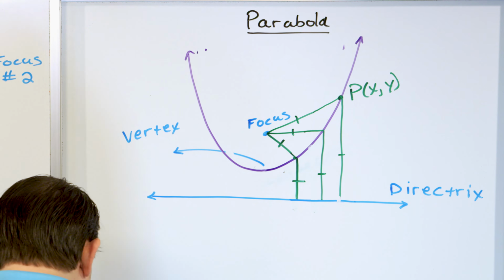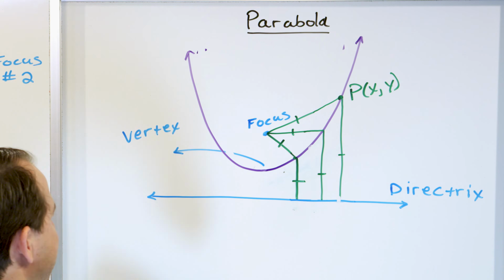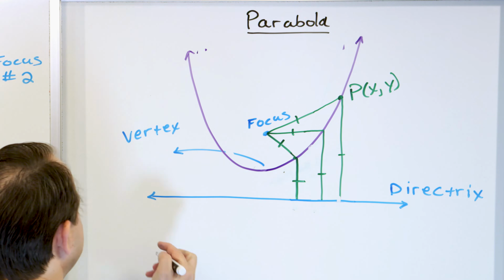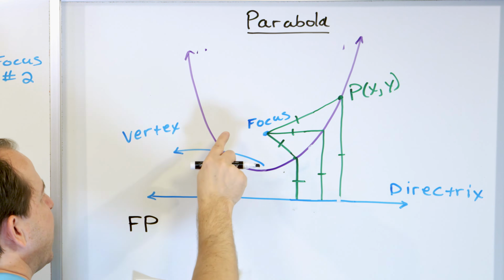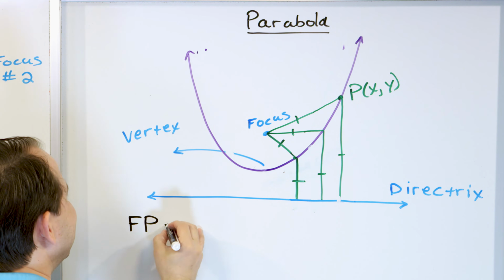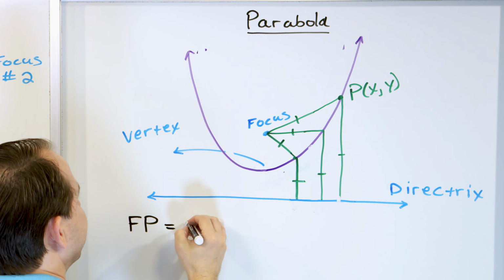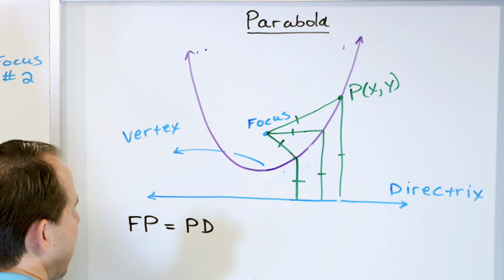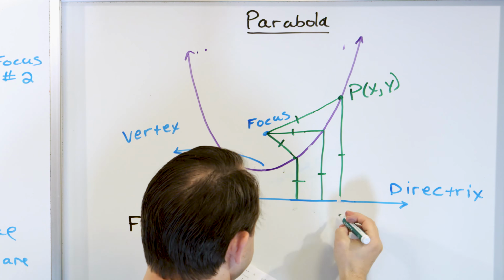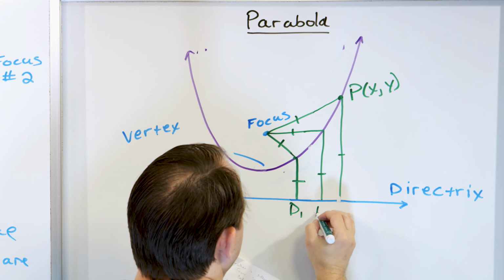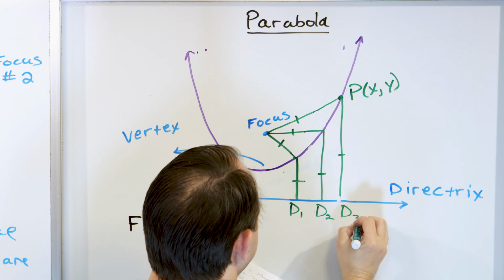Right? So if you wanted to write a mathematical definition of what this is, then the way you would say it is the distance FP, the distance from the focus to the point P, is the same as from point P to point D, where we call this line the directrix here. So you could say, you know, this is D1, point D2, point D3, like this.